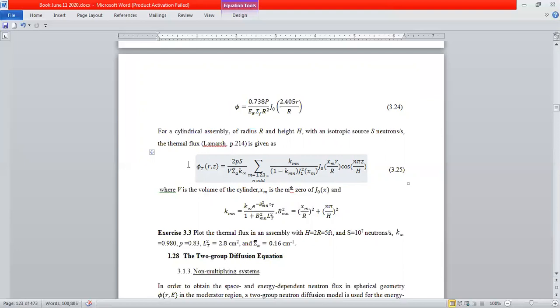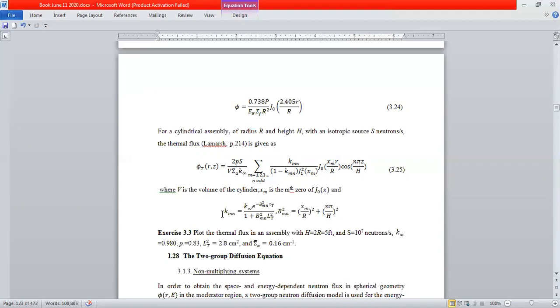And here is a realistic case for K, and you want K to be 1. So you want to design a nuclear reactor that's critical, a cylindrical reactor. So far you know how to design a spherical reactor and a cylindrical reactor. A little bit simplistic, but conceptually very, very important what we've covered today.